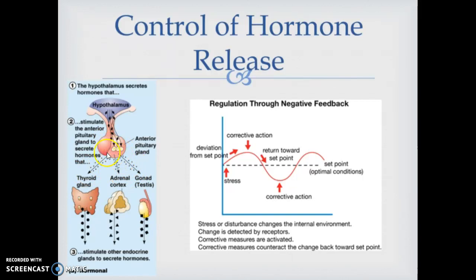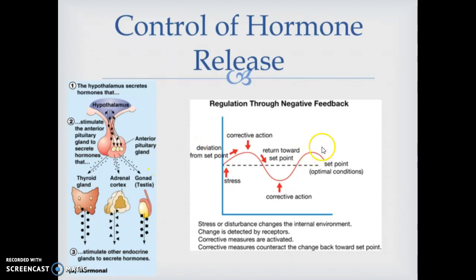Right here we see just 3, one going to the thyroid gland, one going to the adrenal cortex, and another one to the gonads. So once the hormone reaches the pituitary gland from the hypothalamus, the pituitary gland will release its hormone. Those hormones will go to their target organs, causing these target organs to release their hormones. So it really is like a domino effect almost with this one.